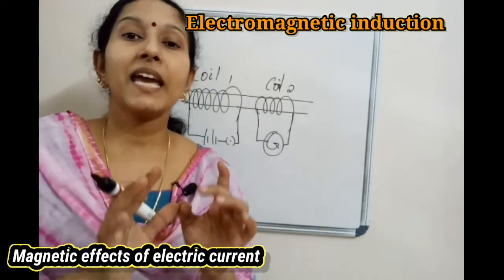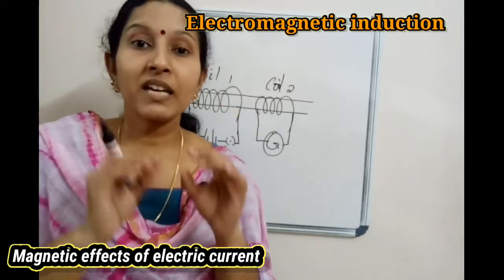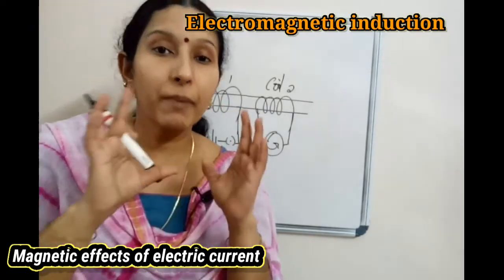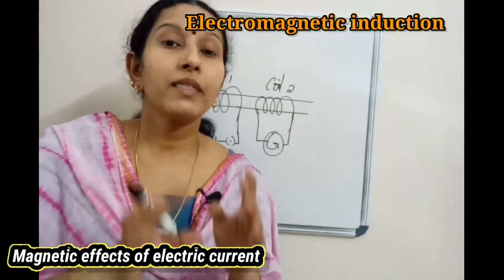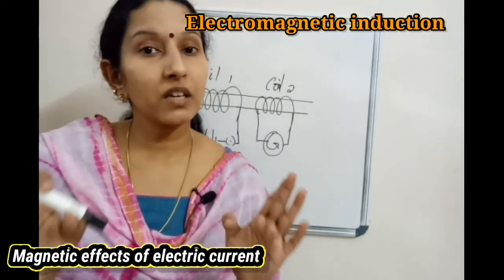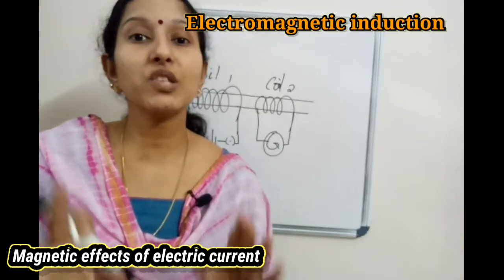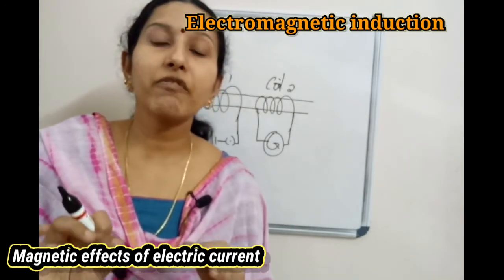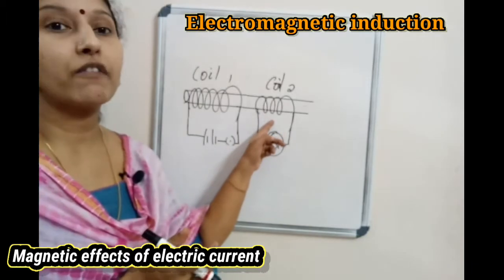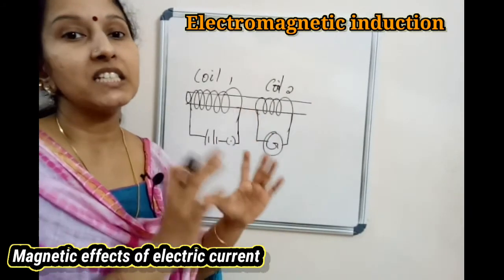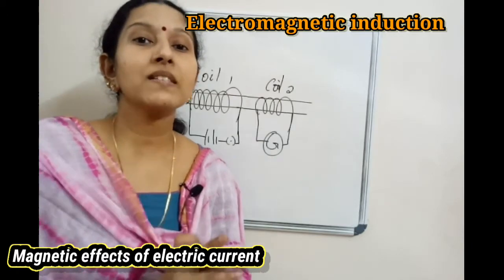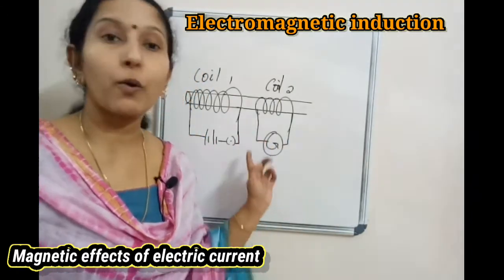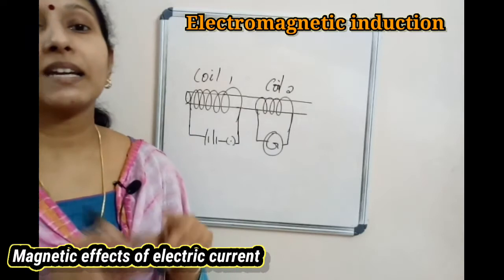So when there is change in the current of the primary coil, the magnetic field associated with it also changes. That changing magnetic field changes the magnetic field of the secondary coil. That change in the magnetic field generates current. That current is known as induced current, and this process is known as electromagnetic induction.